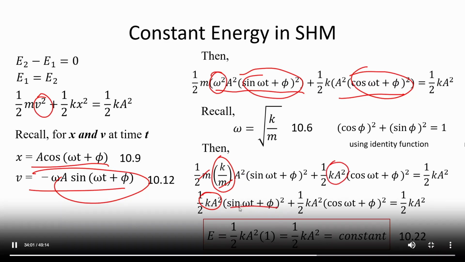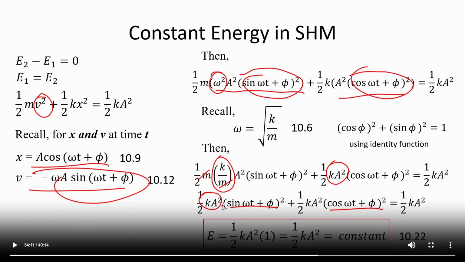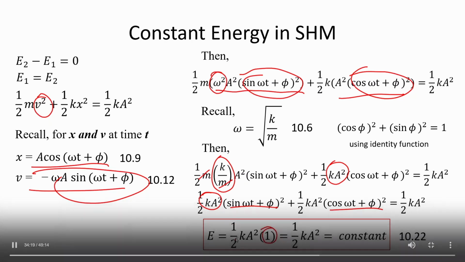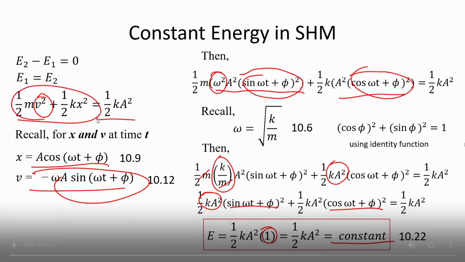Now since sine squared phi and cosine squared phi have the same variables, it simply becomes 1. 1 times a squared k times 1. So the energy is equal to 1 half k a squared, which is a constant. Okay. So indeed, this is the result.